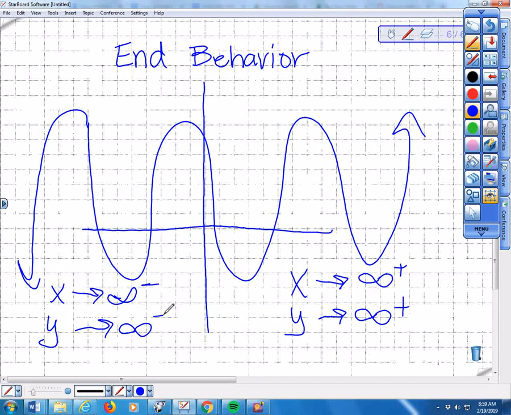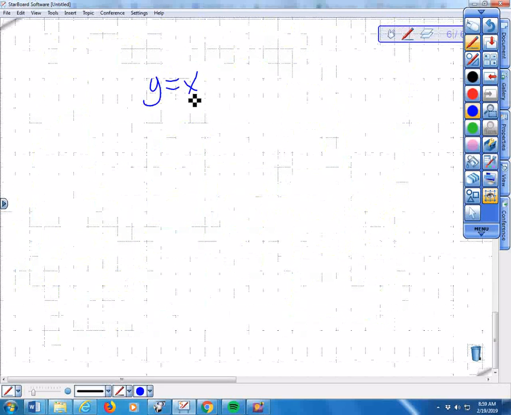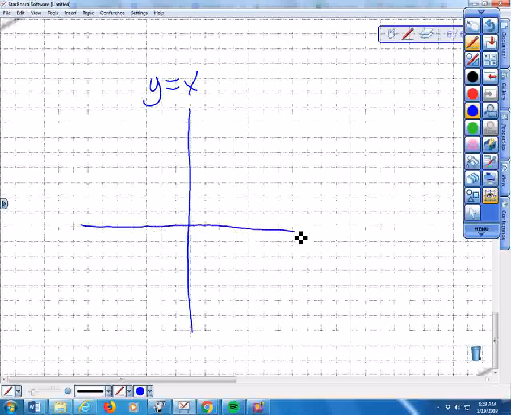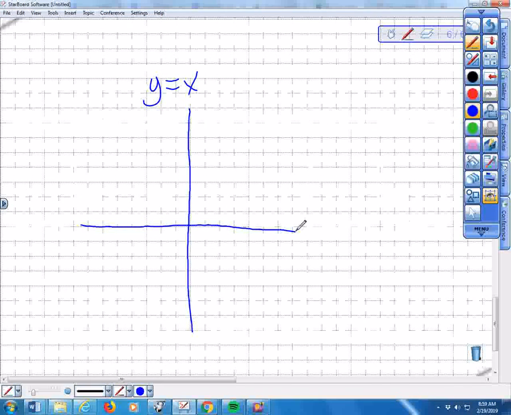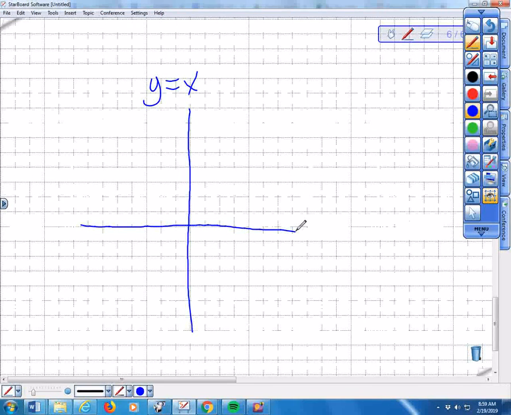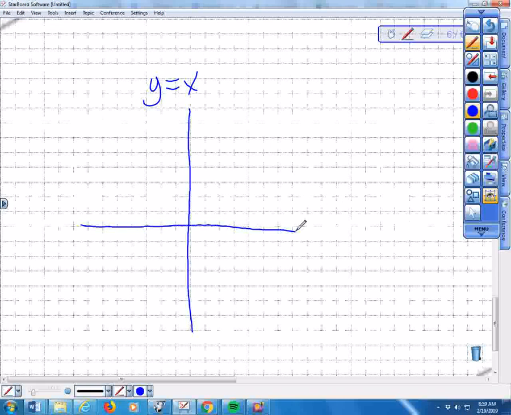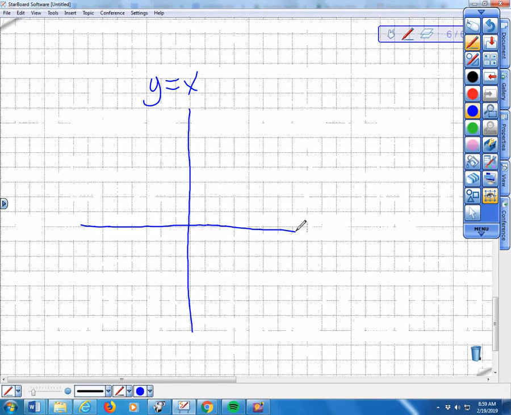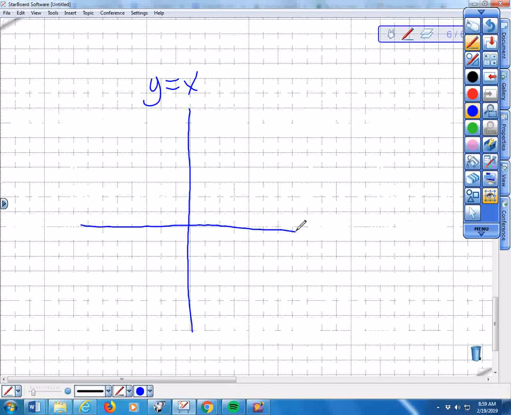What about end behavior of the line y equals x? What does that line look like? This is like algebra 1. It's a line. What's the y-intercept? 0. What's the slope? 1.